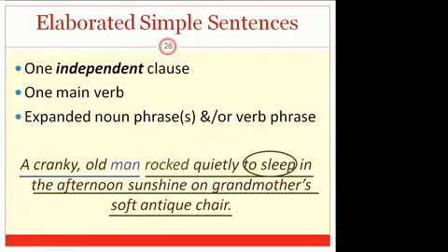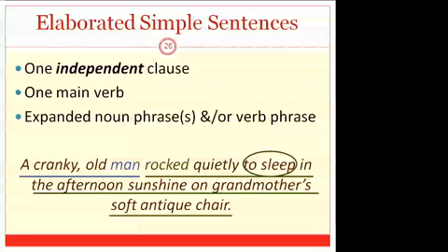In the afternoon sunshine serves as an expanded noun phrase. Similarly, we have a second prepositional phrase within our verb phrase. This second prepositional phrase is on grandmother's soft antique chair, recalling that prepositional phrases open with a preposition, this time on, and include a noun phrase. In this instance, our noun phrase is expanded with grandmother's soft antique chair.